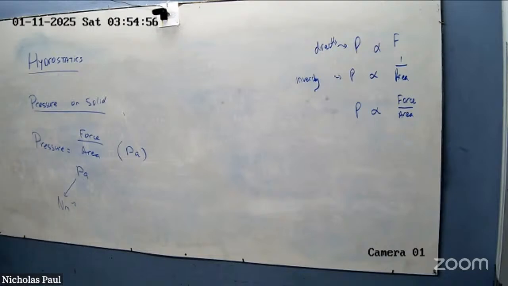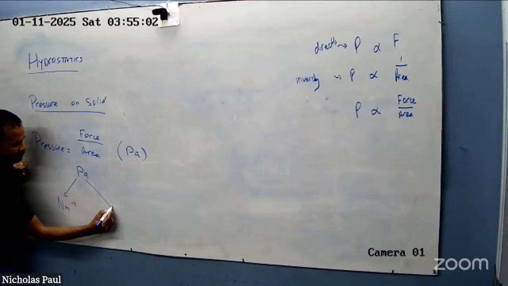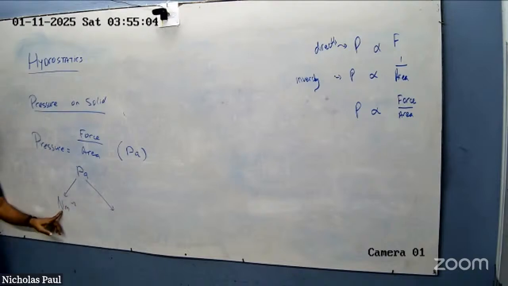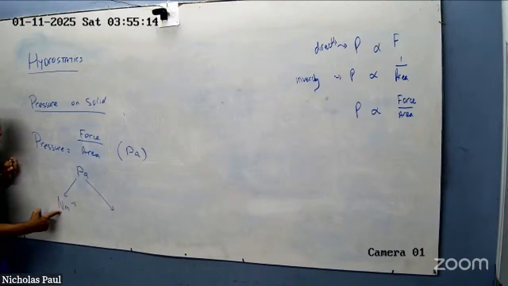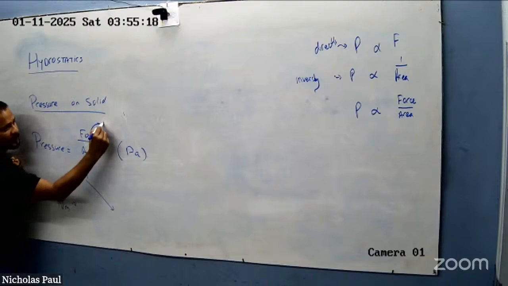We need one more SI unit of pressure. What will that be? We have to break down Newtons, right? What is Newtons made up of? Force is what? Mass times acceleration, right? So Newton is force, which is mass multiplied by acceleration.